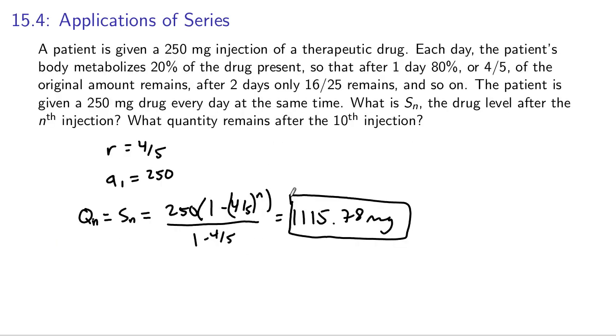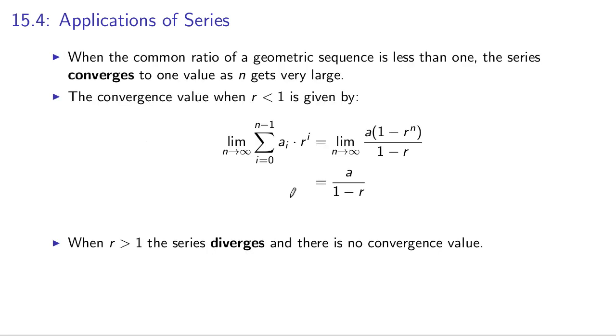And just thinking about this idea, over time what's going to happen is the amount of drug is going to kind of stabilize. And that's called converging. So whenever we have a geometric sequence where the common ratio is less than 1, the sum, or the series, has a convergence. The series will have a value that it will converge to if we make the entire infinite sum.